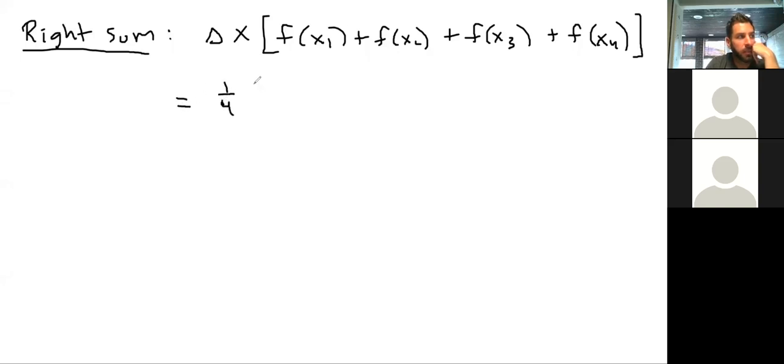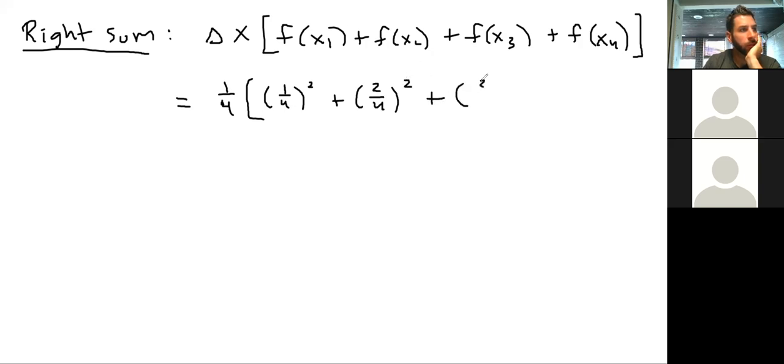And I'm going to skip a step here. This becomes 1/4 squared. And this is 2/4 squared. And this is 3/4 quantity squared. And then this is 4/4 quantity squared.